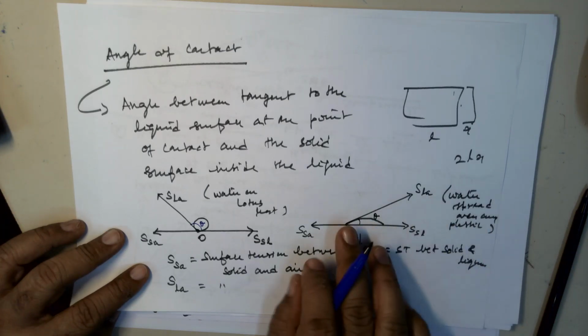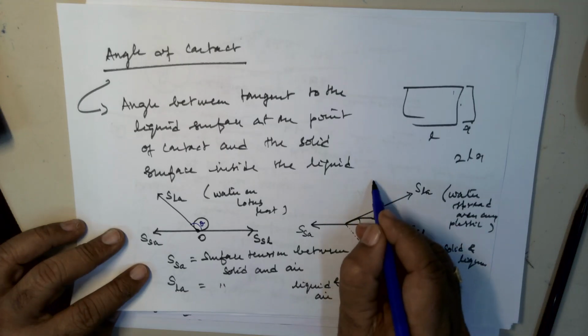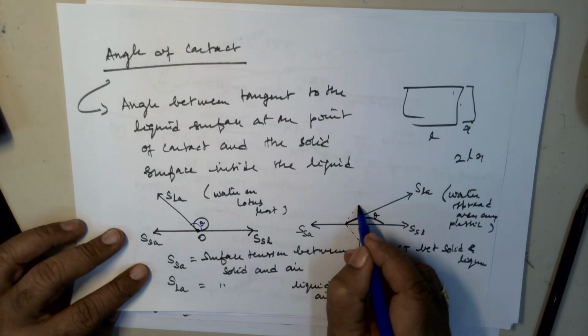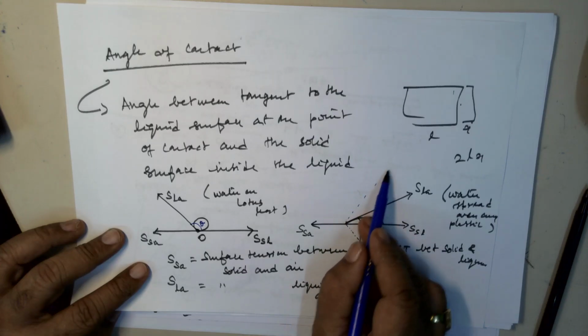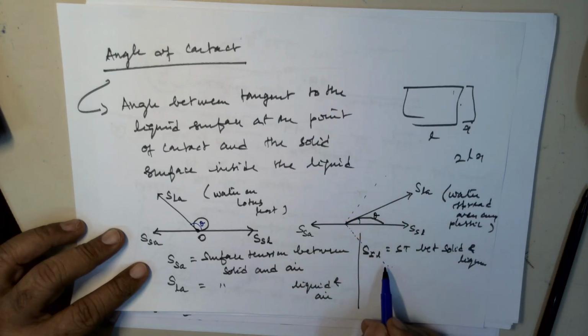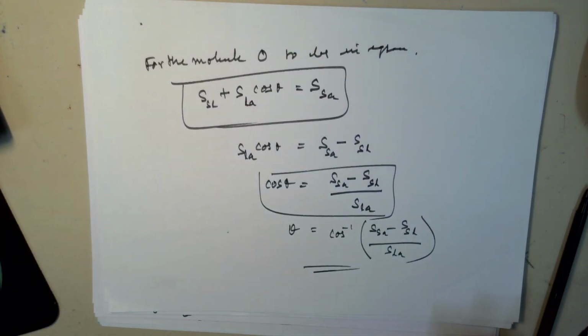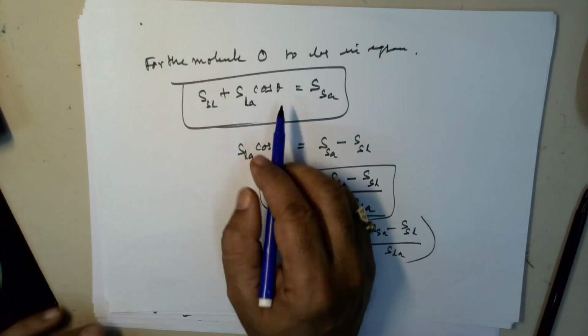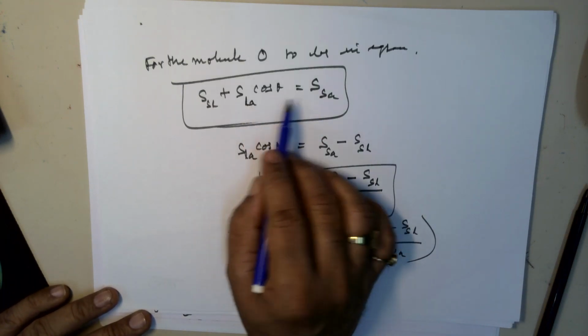The other component is SLA sin theta. So there is a vertical component and a horizontal component. You have to consider the horizontal component. We call cos theta the horizontal component.